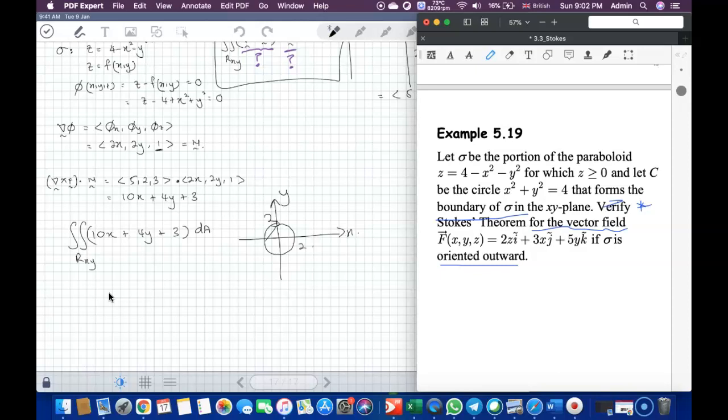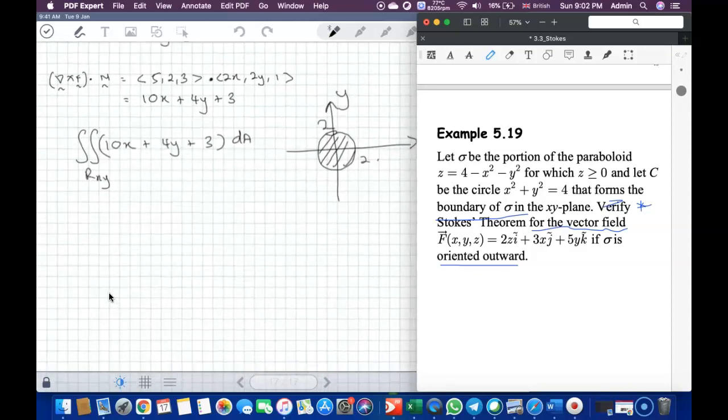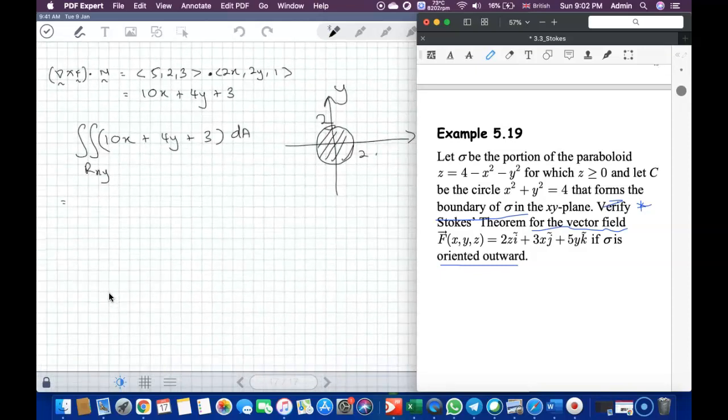Okay, since your region is a circular region, it looks like it's easier for us to apply the polar form. So then 10 r cos theta plus 4 r sin theta plus 3, and then multiplied by r dr d theta.